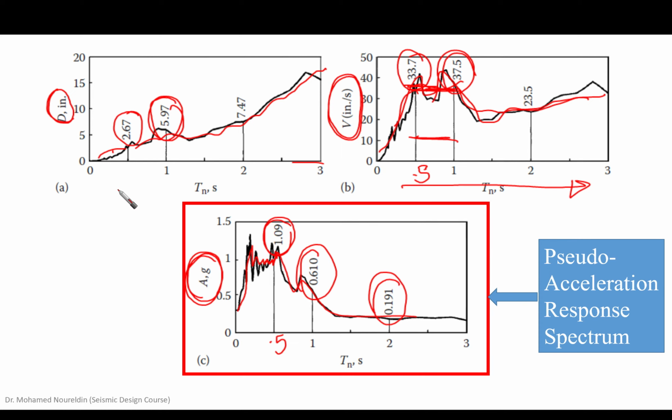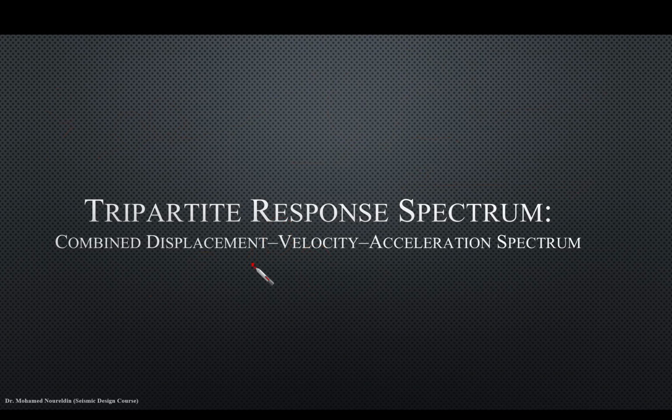Okay, so now we have the three different response spectra: deformation, velocity, and acceleration response spectrum. Now the next level is to put all three response spectra on the same graph.